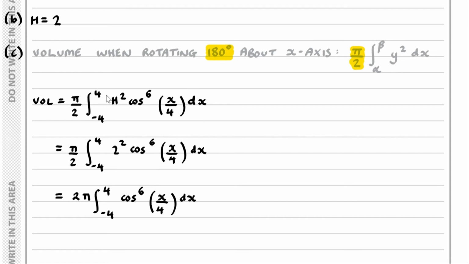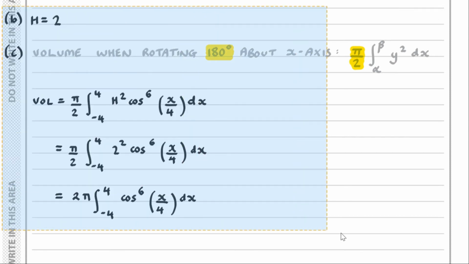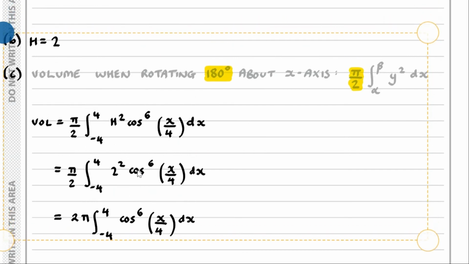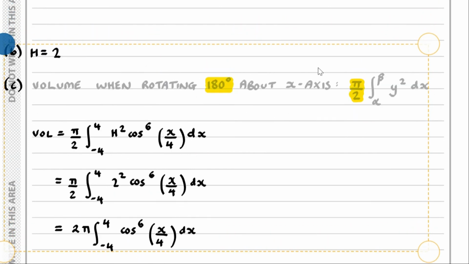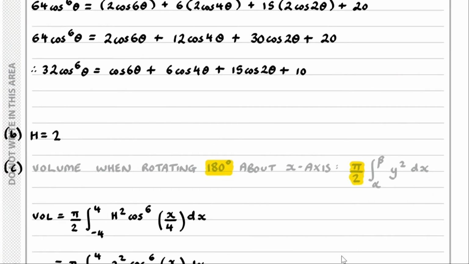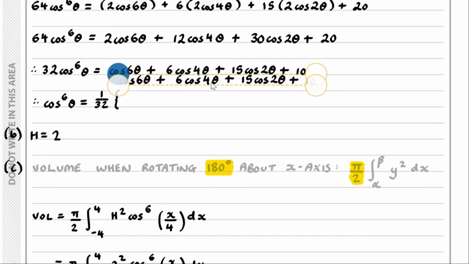And if we move this down slightly, what we can say from this line is cos^6 theta is equal to 1 over 32 multiplied by this over here.